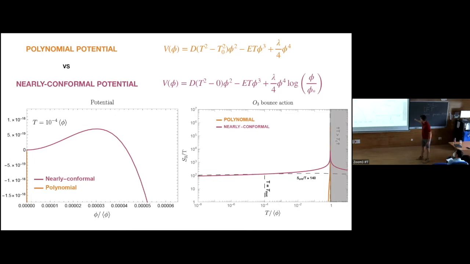So then you need to cool down a lot to be able to reach the critical temperature and nucleate. You can compare the nucleation temperature for the orange case, polynomial: you have no hierarchy between Tc and Tnuc. While for nearly conformal potentials, because of the log, you can generate a large hierarchy between Tc and Tnuc.